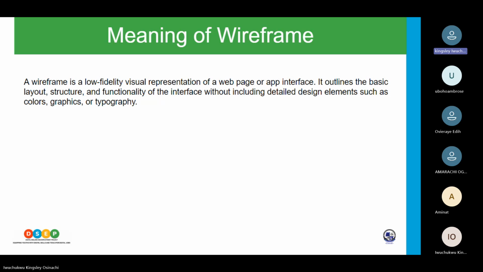It outlines the basic layout, structure, and functionality of the interface without including detailed design elements such as color, graphics, or typography, right? So see a wireframe as a structure, a rough sketch.